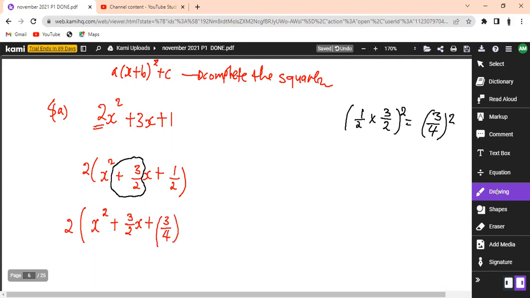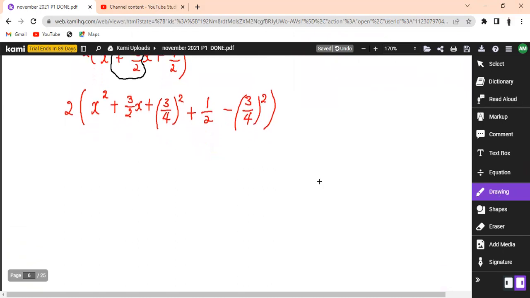All right, so this is what you're going to have. But take note, we added something which is not part of our expression, so we have to subtract that part that we added, which is 3 over 4 to the exponent of 2. That's what you're going to have at the end.